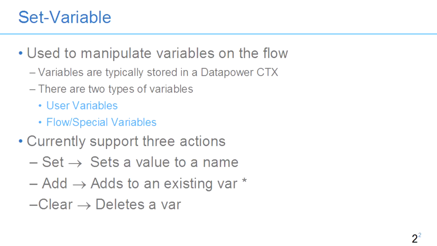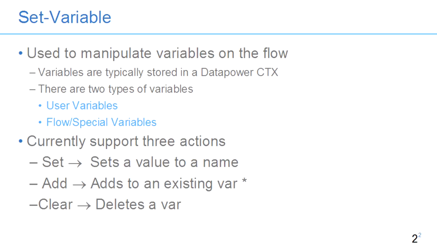So set variable has three functions called actions. They're set. You give it a name and a value, and it assigns that value to that name. There's add, and it basically adds to an existing variable. This is the part where the micro gateway and the DataPower implementation differ.